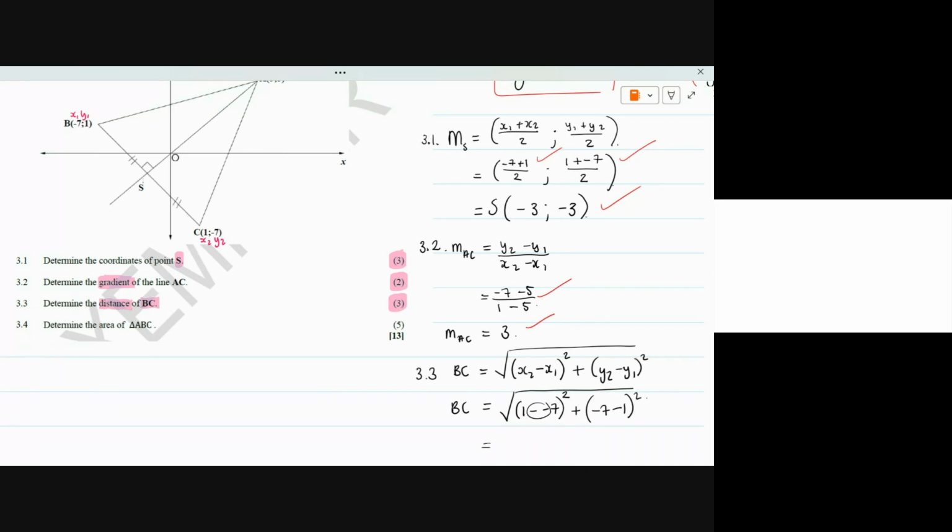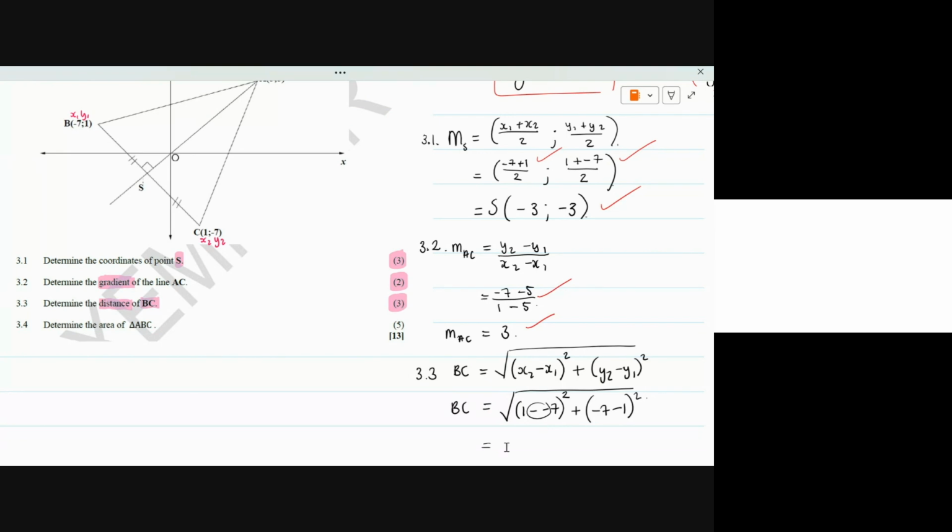I don't know if my answers are correct. I think they're correct. It's either 8 squared plus 8 squared. So as I look at it, I think I should get the square root of 128.